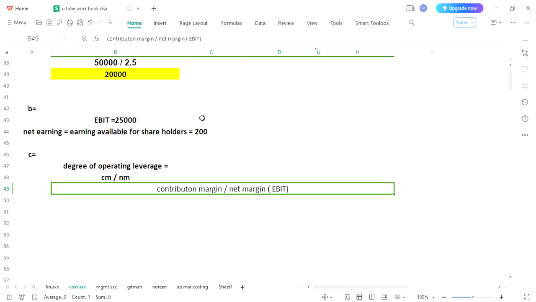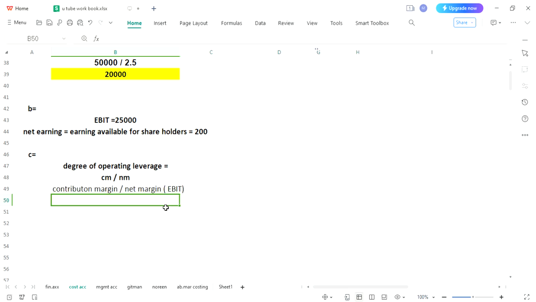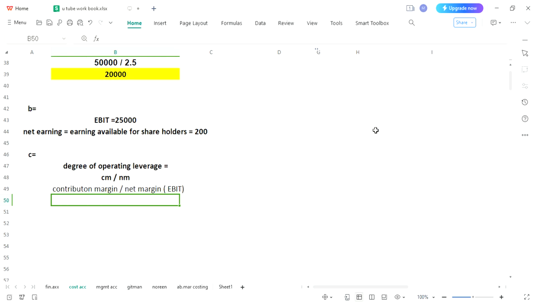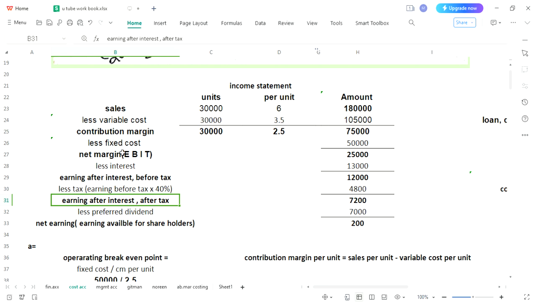Let's unmerge it so that it can be in proper manner. We need the contribution margin, and as discussed, everything is already present because we made a comprehensive income statement. Your contribution margin was 75,000, put it over here and divide it by net margin or EBIT. Look over here, net margin EBIT is 25,000.